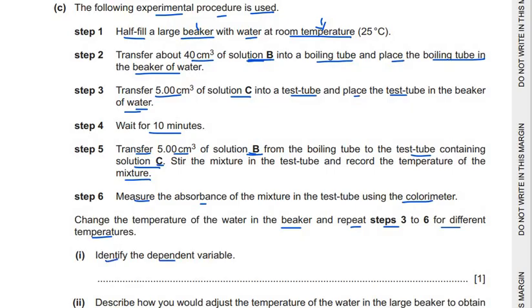So identify the dependent variable. Now understand what is the dependent variable, independent variable and controlled variables. The independent variable is the factor which we change. The factor which we are changing is the temperature, right? Change the temperature of the water and repeat.